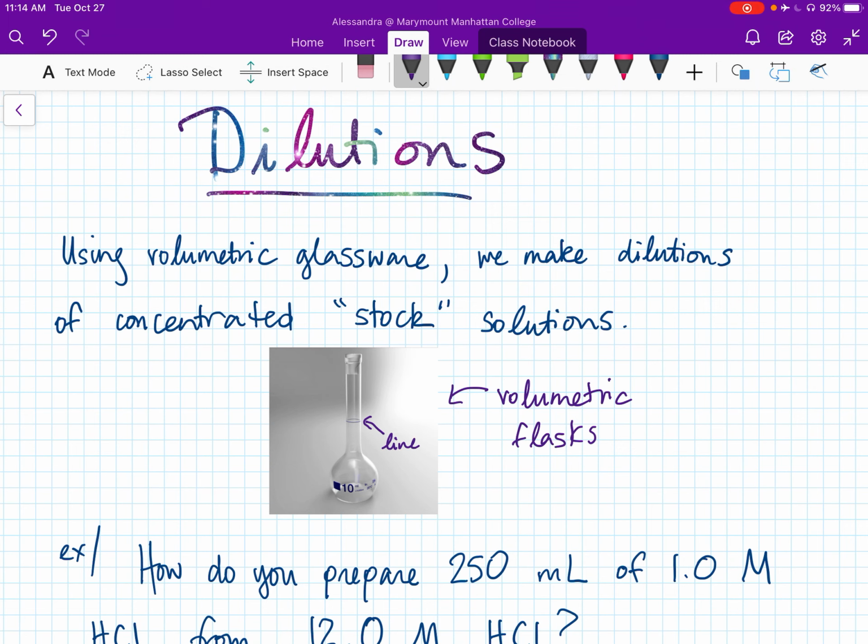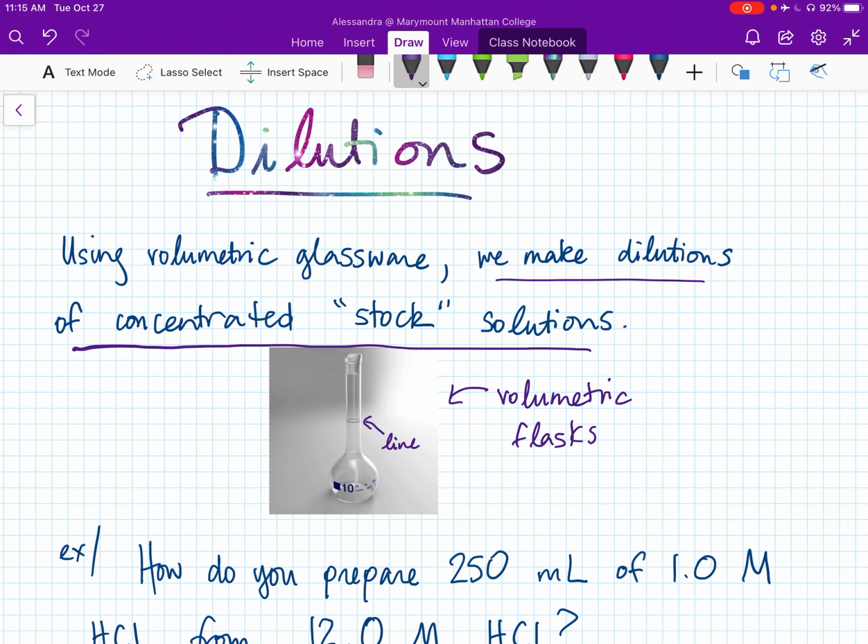So using glassware like this, you can make dilutions of concentrated stock solutions. Often a lab will stock very concentrated solutions, for example, lots of concentrated acids, but you never use those solutions at full concentration. You have to dilute them to make concentrations that you can use in chemical reactions and such.